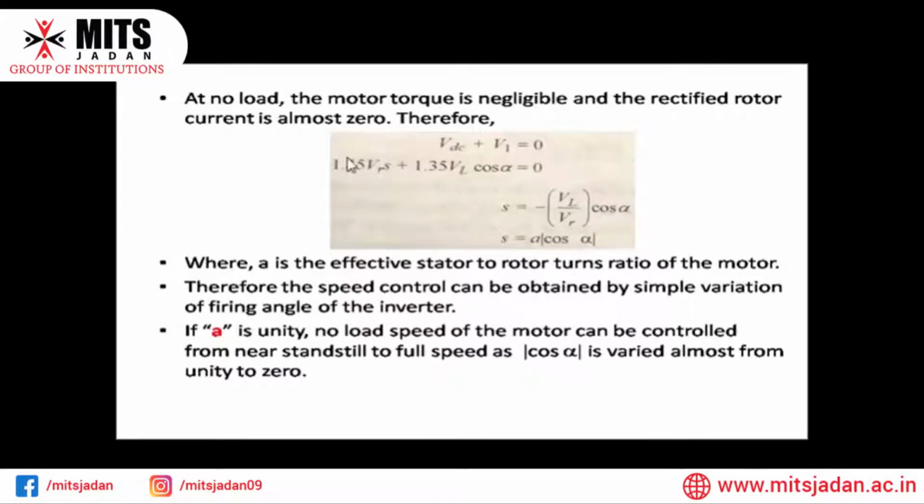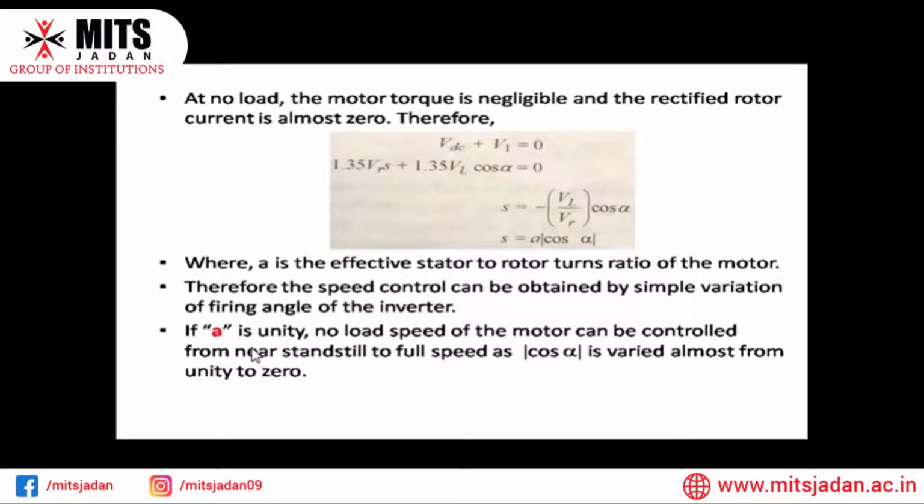Solving this equation we get S. Now S is equal to A modulus of cos alpha, where A is the effective stator to rotor turn ratio of the motor, and therefore the speed control can be obtained by simply varying the firing angle of the inverter.